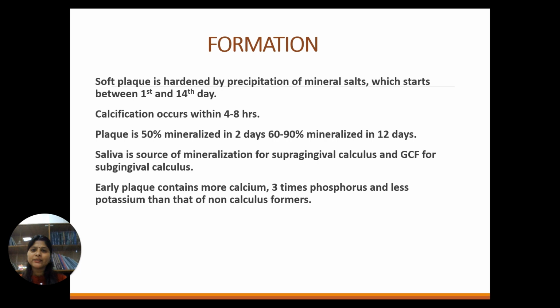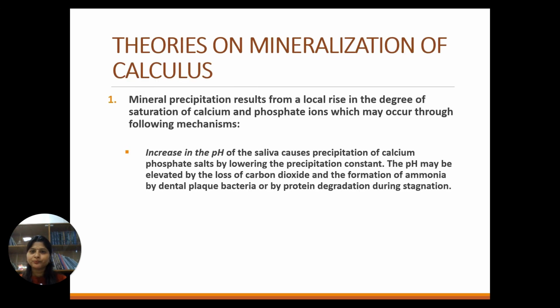This mineral content is derived from saliva for supragingival calculus and from gingival crevicular fluid for subgingival calculus. Early plaque contains more calcium and 3 times more phosphorus, whereas less potassium than that of non-calculus formers.